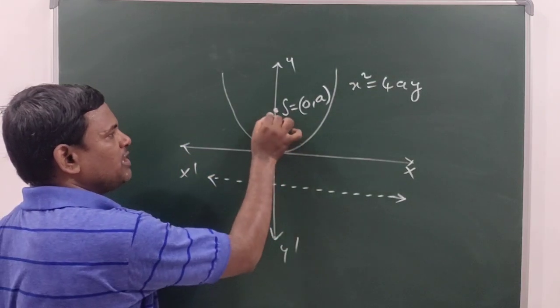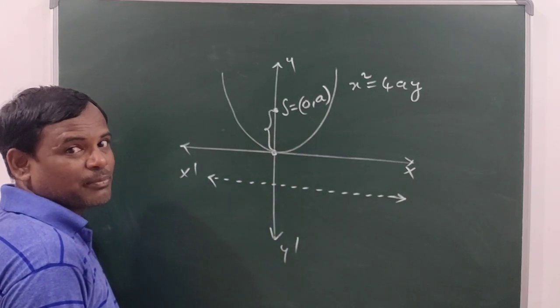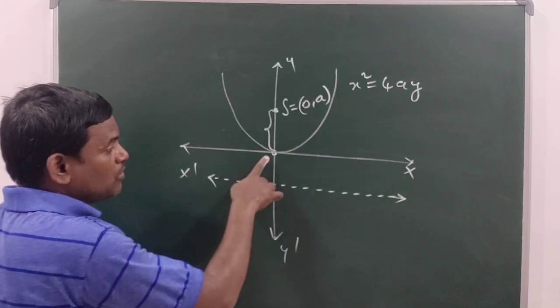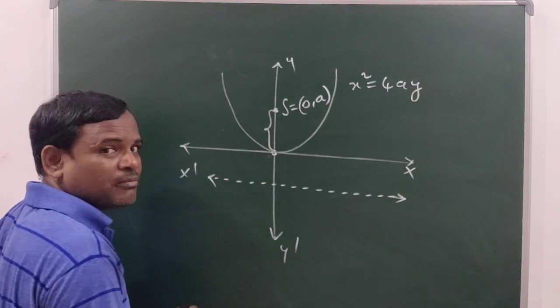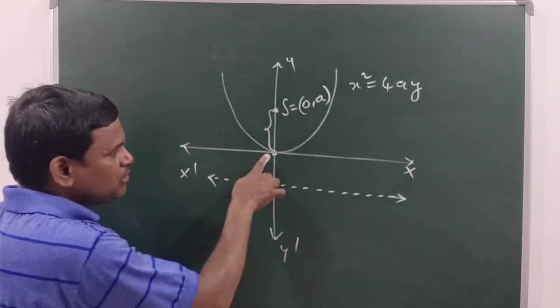The origin is the vertex of the parabola. How does this vertex form? The point of intersection of the curve and axis is known as the vertex.